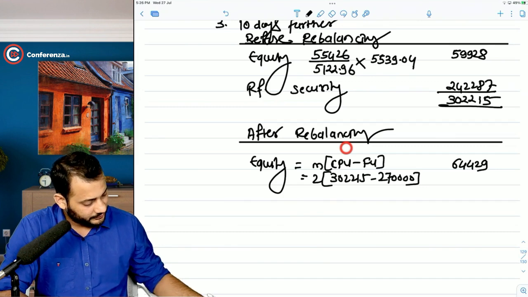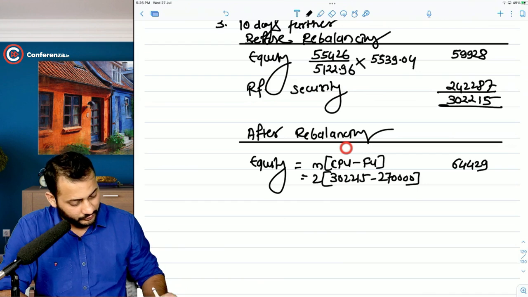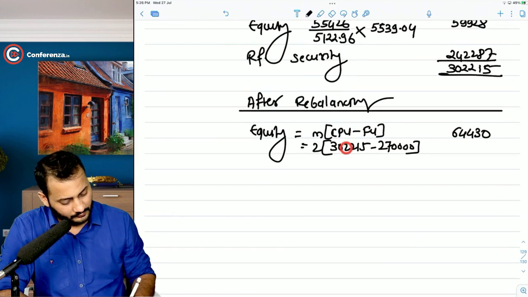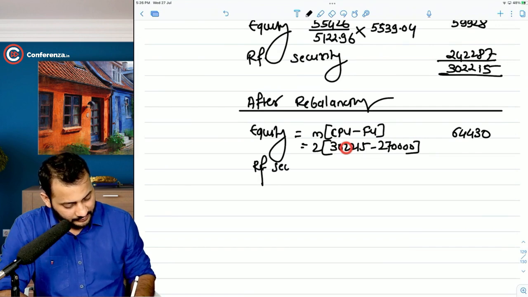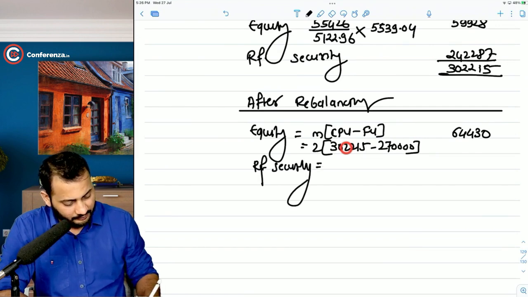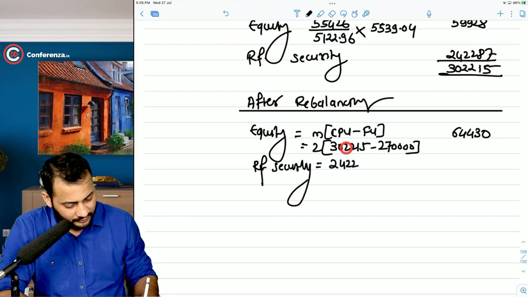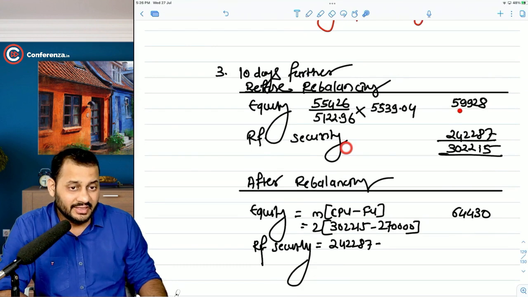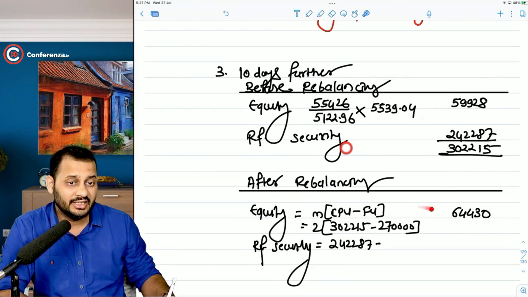Let me just check once again. 64,430 in fact. Risk-free security: what will be the balance in risk-free security? 242,287 minus. Why minus? Because you are increasing your position in equity.